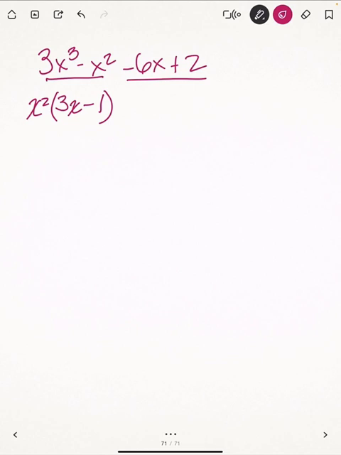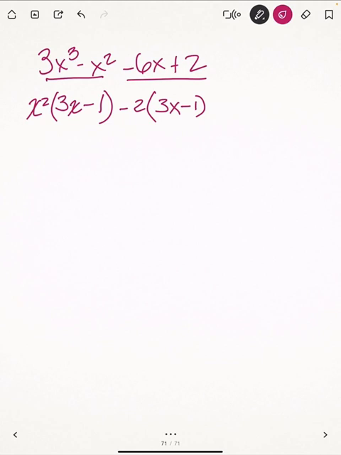The greatest common factor between 6 and 2 is 2. But remember, I told you it had to be a negative, so we're going to put a negative 2 here. Then we're going to start parentheses. Now, negative 6 divided by negative 2 is positive 3. We didn't have an x, so we couldn't take away any x's, so we're going to just rewrite our x. And then positive 2 divided by negative 2 is negative 1.